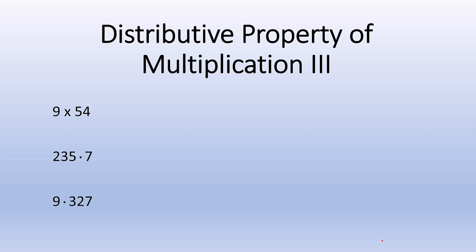Now, these are numbers that you can't really multiply off the top of your head. But what if you had to? Because we know how the distributive property of multiplication works, we know that by breaking 54 up into two different numbers, 50 plus 4, we could find our answer.